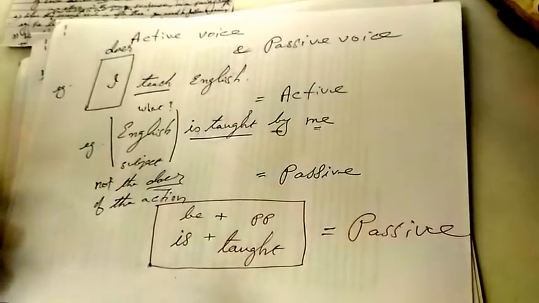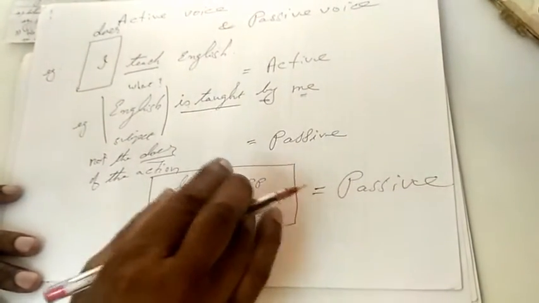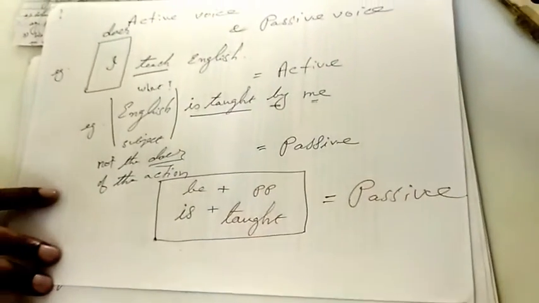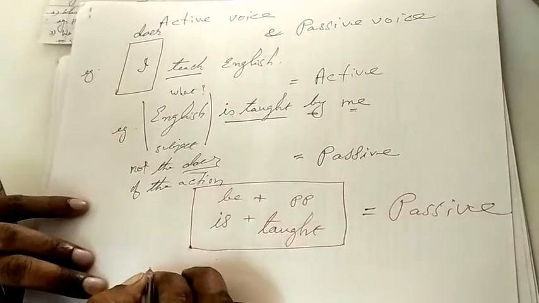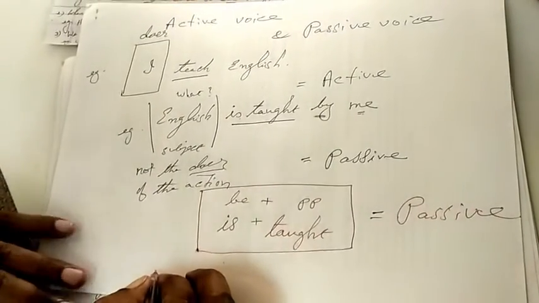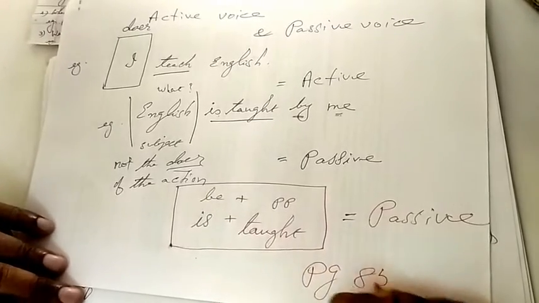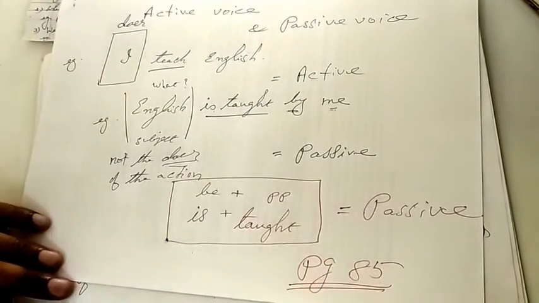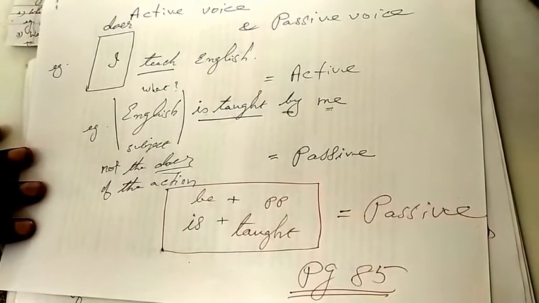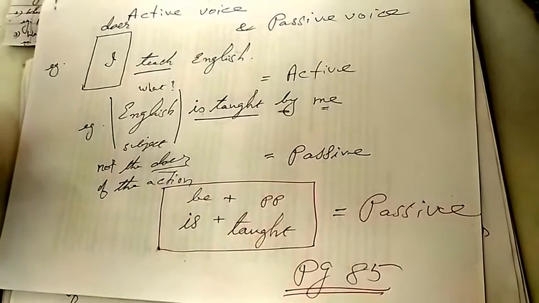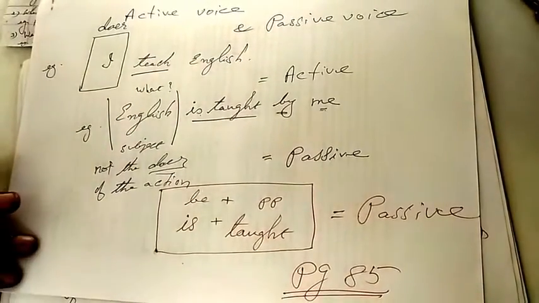Therefore, you have an assignment today to make this idea very concrete to you. In English for Nurses, your textbook, page 85. At the bottom, you will find an exercise there. It says, is the given verb transitive or intransitive?